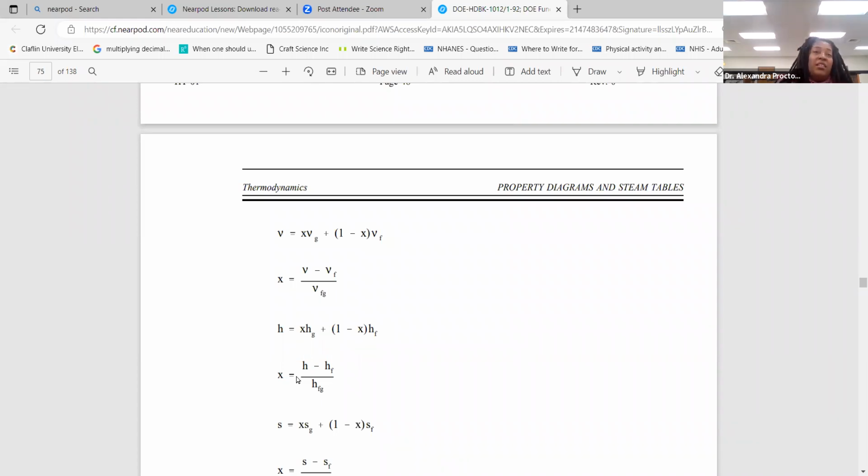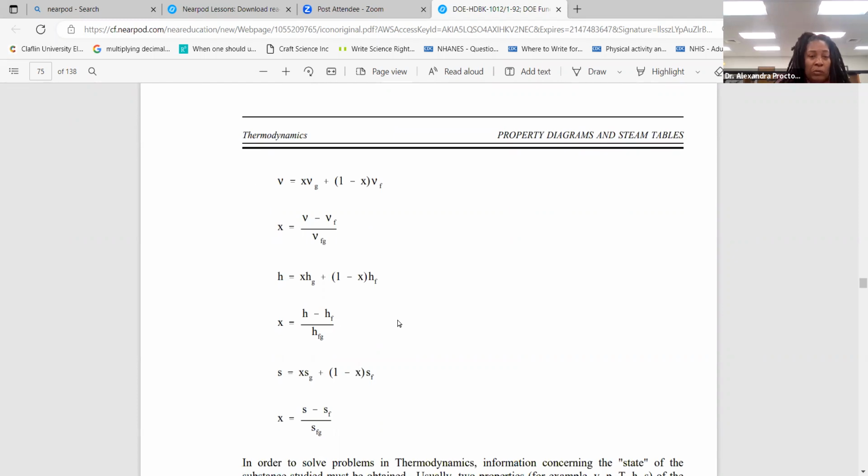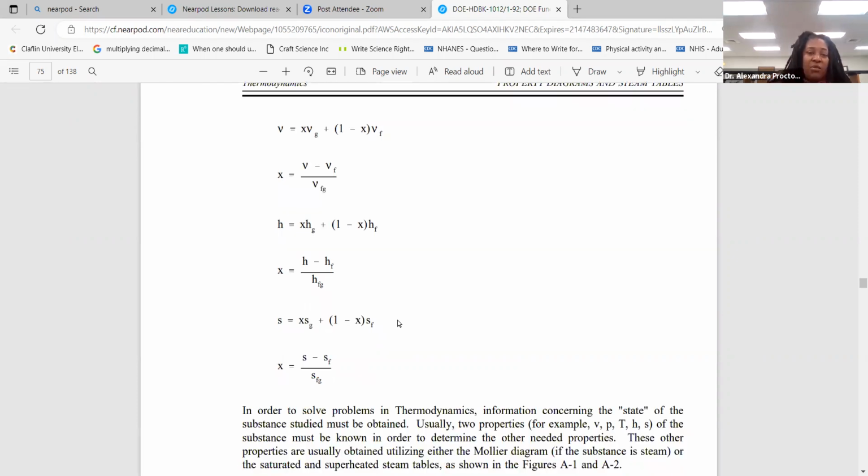These look just like the equations for enthalpy and entropy. H is equal to X H sub G plus 1 minus X times H sub F, and this equation looks very similar to the last one, where X is defined as H minus H sub F divided by H sub FG.